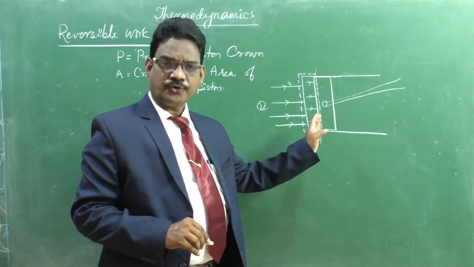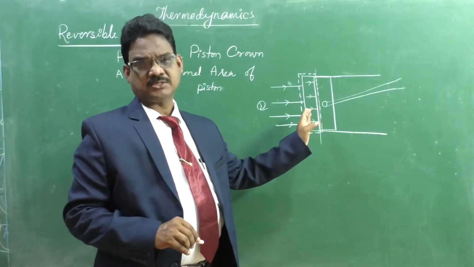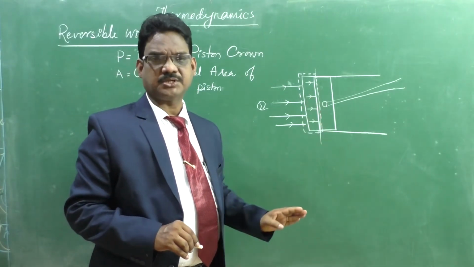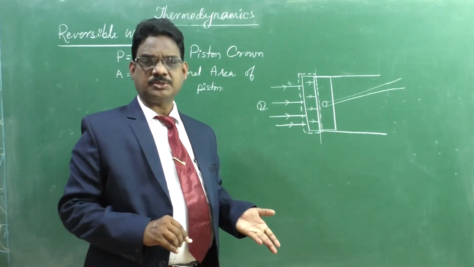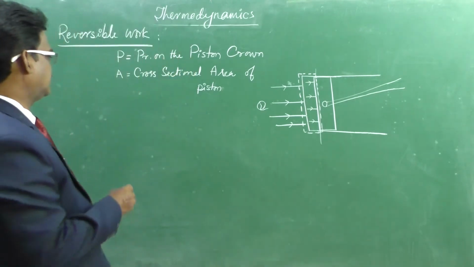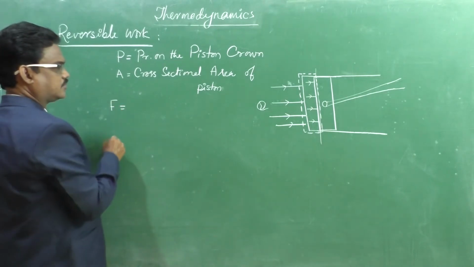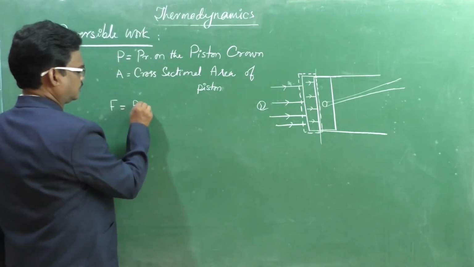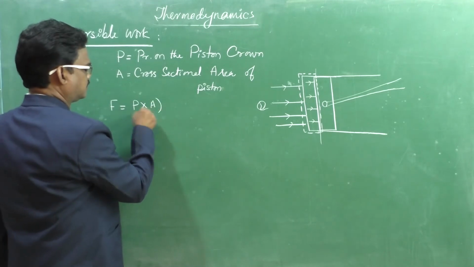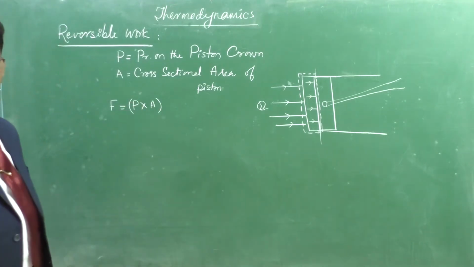Then what is the force acting over the piston? The force F acting over the piston equals pressure multiplied by cross sectional area.